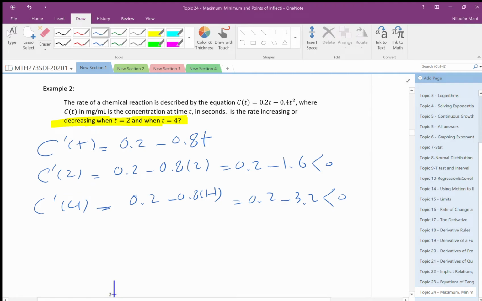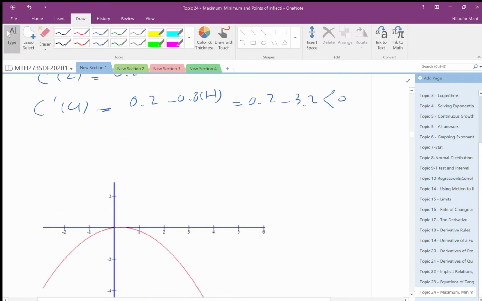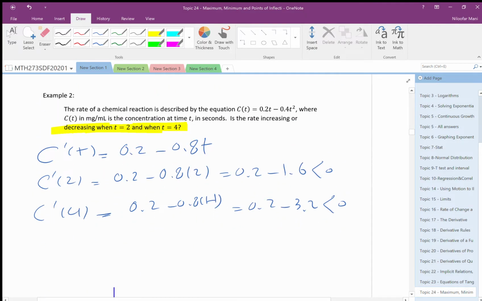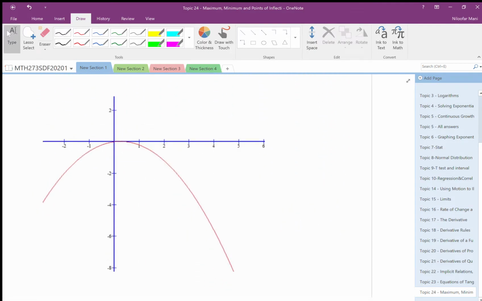Okay, look at the function here. Look at 2 and 4. This is 2 here. This is 4 here. And you see both of them are decreasing. Of course, I shouldn't mention this part. I just asked the graph, so for them it doesn't matter.